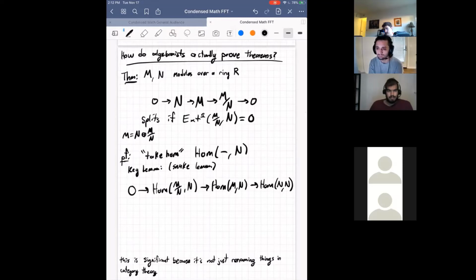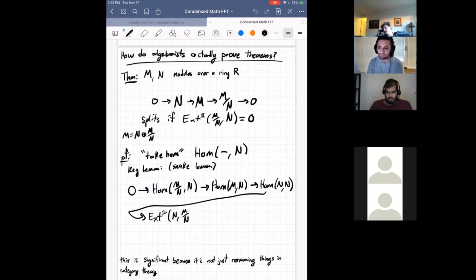And then the lemma, which is, again, under the covers the snake lemma, is that I now have another homomorphism to the Ext module, M over N. Is that right?